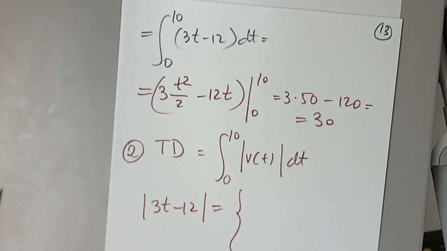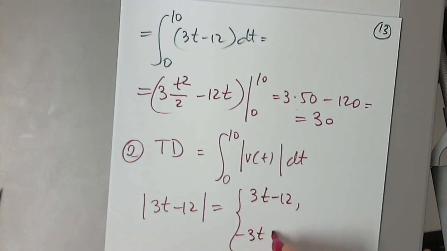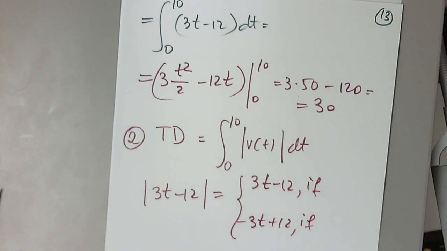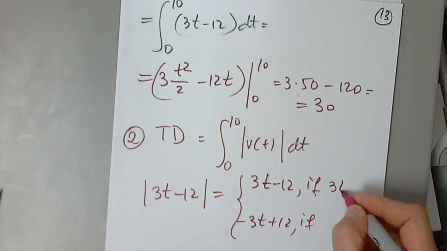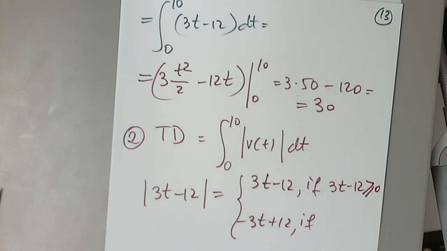So 3t minus 12, and yes, negative 3t plus 12, but the if is very important. If what? If 3t minus 12 is greater than or equal to 0, positive, not x, not t.